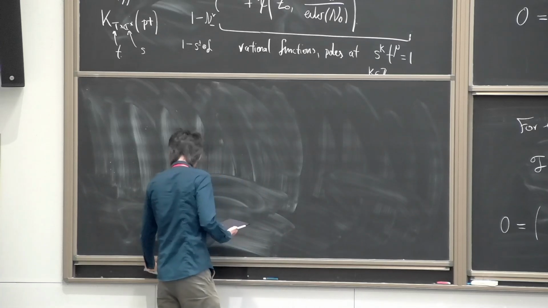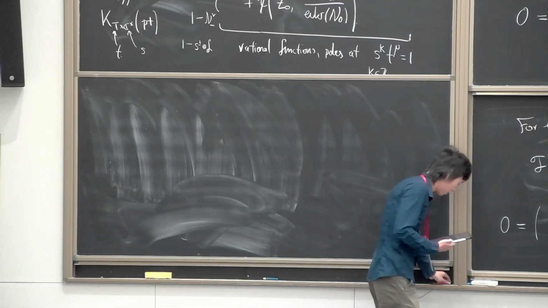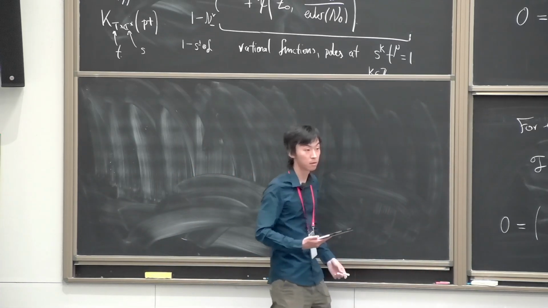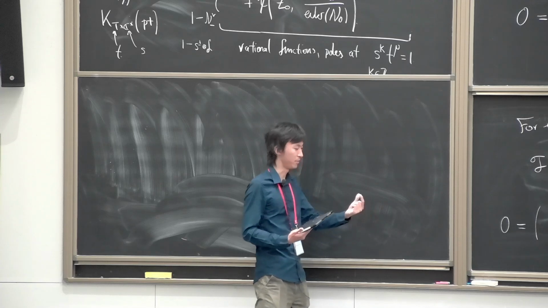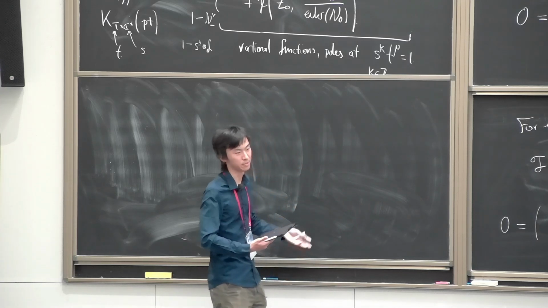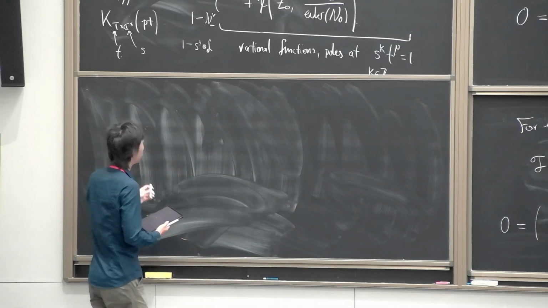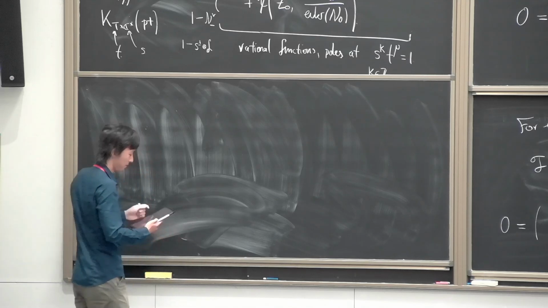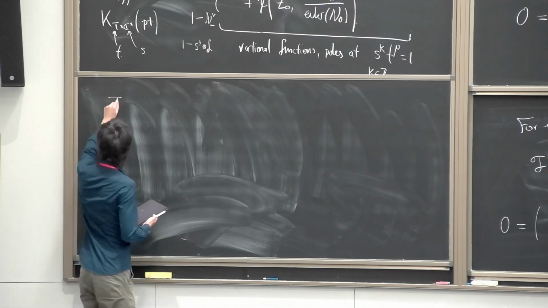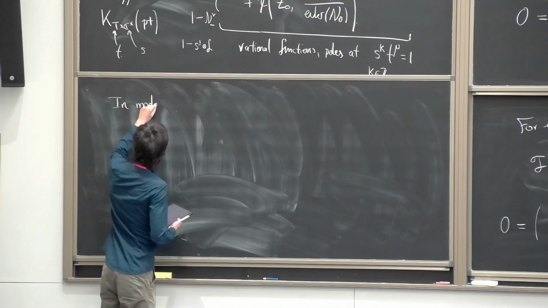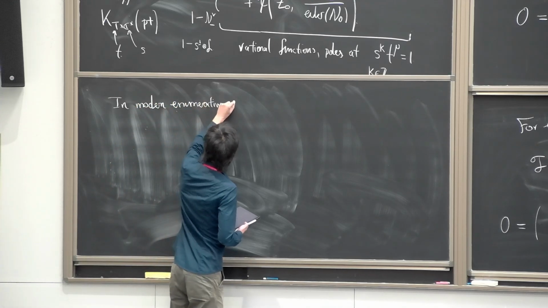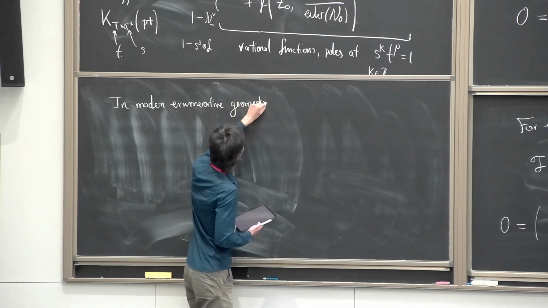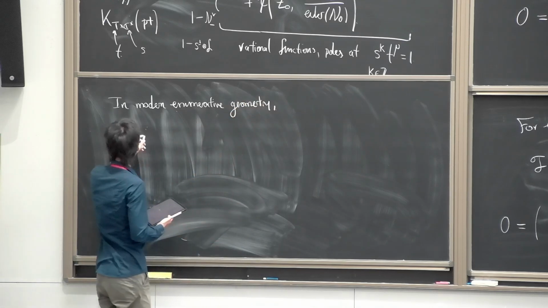And so in modern enumerative geometry, well, the local formal singularities, yes, it satisfies Murphy's law. So in modern enumerative geometry, we do the following replacements.